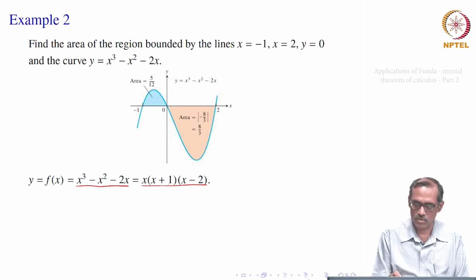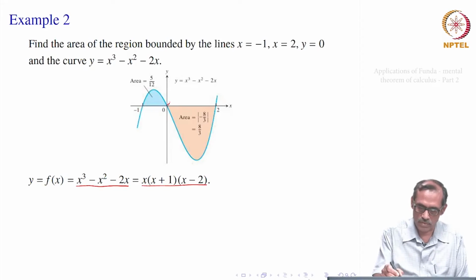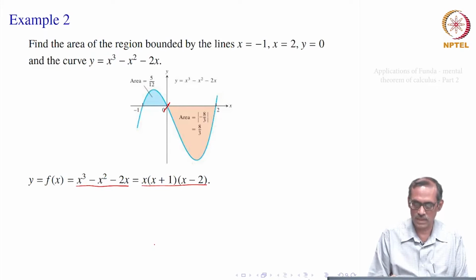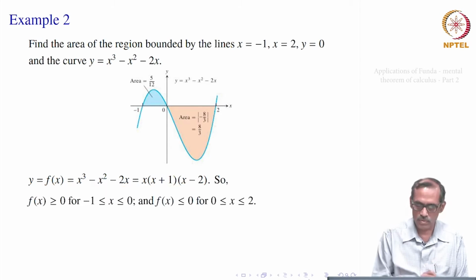Now, let us think about minus 1 to 2. Obviously, we break at 0, that is what the geometry suggests. Now, if you take the first interval, x belongs to minus 1 to 0, then x plus 1 is positive, x minus 1 is negative, and x minus 2 is negative, because 2 is bigger than x.